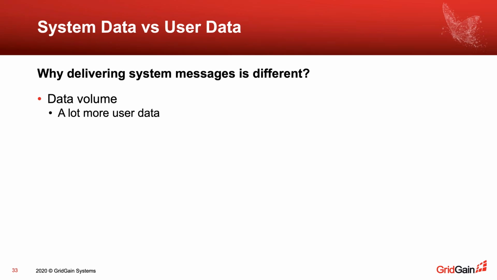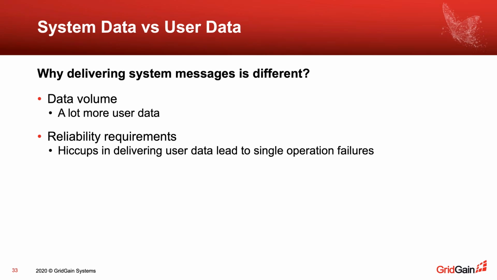So again, the first difference is the volume, but there are also other different requirements. First difference is in reliability. If we have an issue with delivering a message which contains user data, for example, an SQL query or a result of the SQL query, then we will have a problem, but the problem will be a single operation failure.